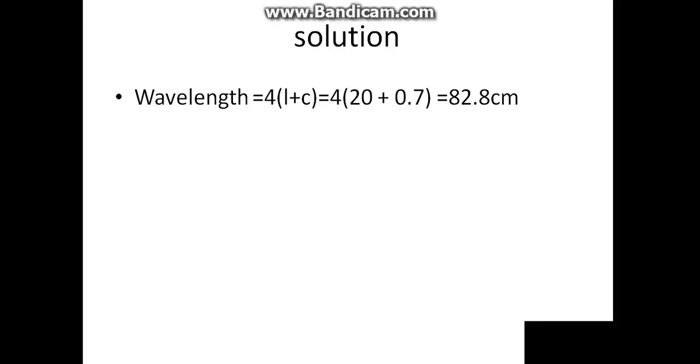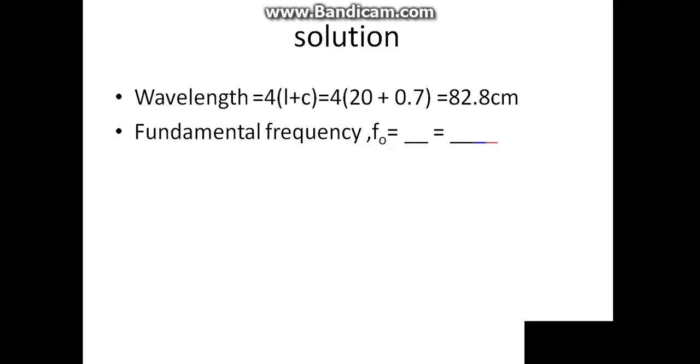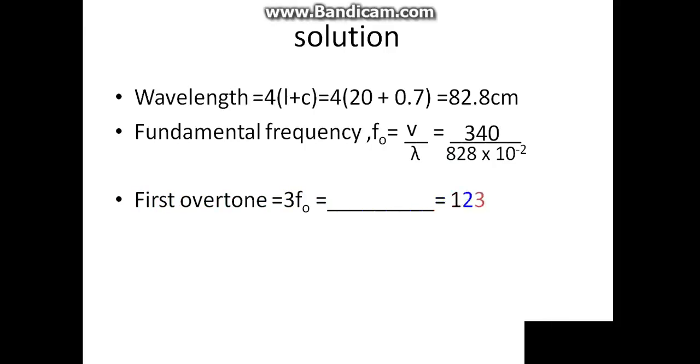Fundamental frequency FO is equal to V over lambda, which is equal to 340 all over 82.8 times 10 raised to the power minus 2. First overtone is equal to 3FO, which is equal to 3 times 340 all over 82.8 times 10 raised to the power minus 2, which will give us 1232 Hz.